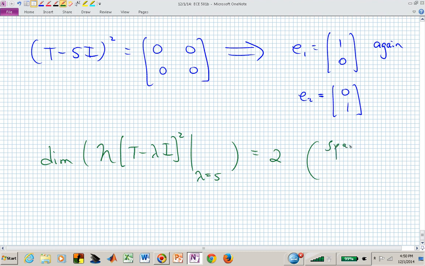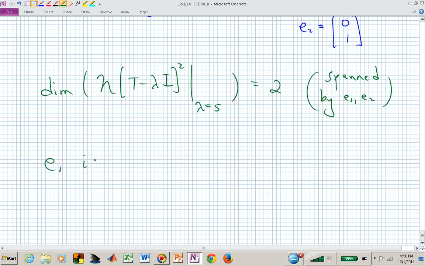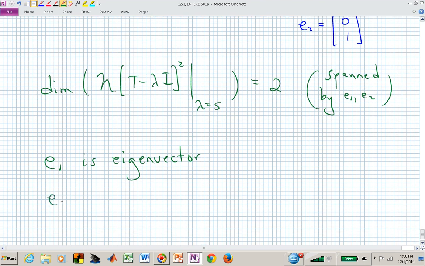And that space is spanned by e1 and e2. So for that simple 2 by 2 case, e1 was actually the eigenvector, and e sub 2 is the generalized eigenvector.